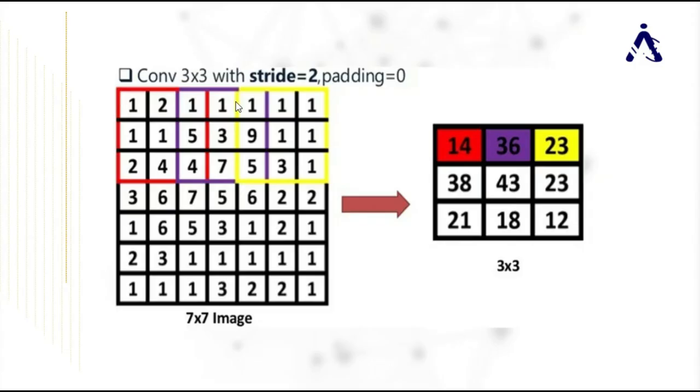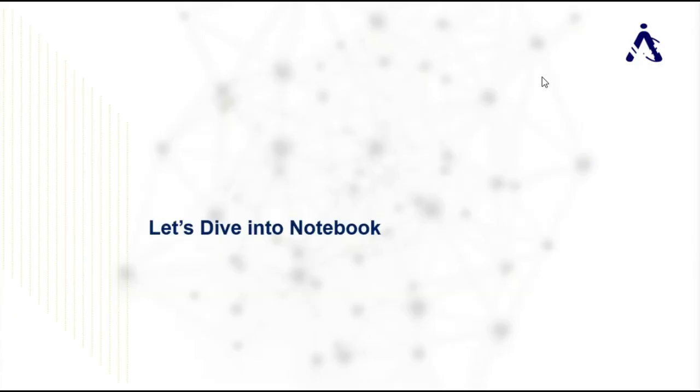Then the next area, which is 154, 137, 196, would be the next region of our calculation. Then we have a 3 by 3 feature map extracted, which will be the second value that will be pushed into the next convolutional layer. We can have as many convolutional layers as possible depending on the type of task we want to attain. Without wasting much of our time, let's dive into our notebook to see how deep learning works.